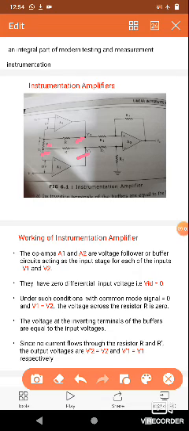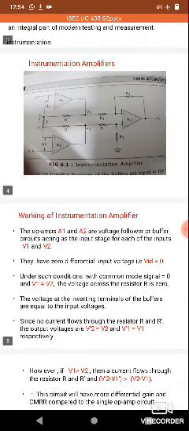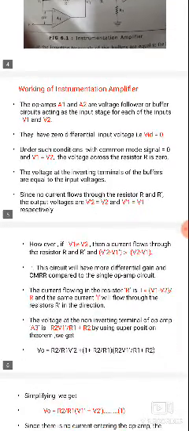Whenever no current flows through R and R dash, the output voltages are V2 dash equals V2 and V1 dash equals V1.